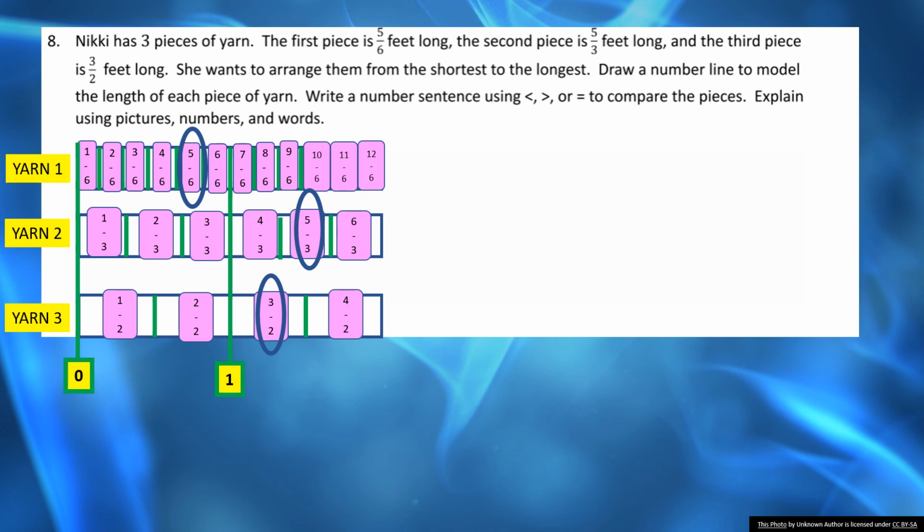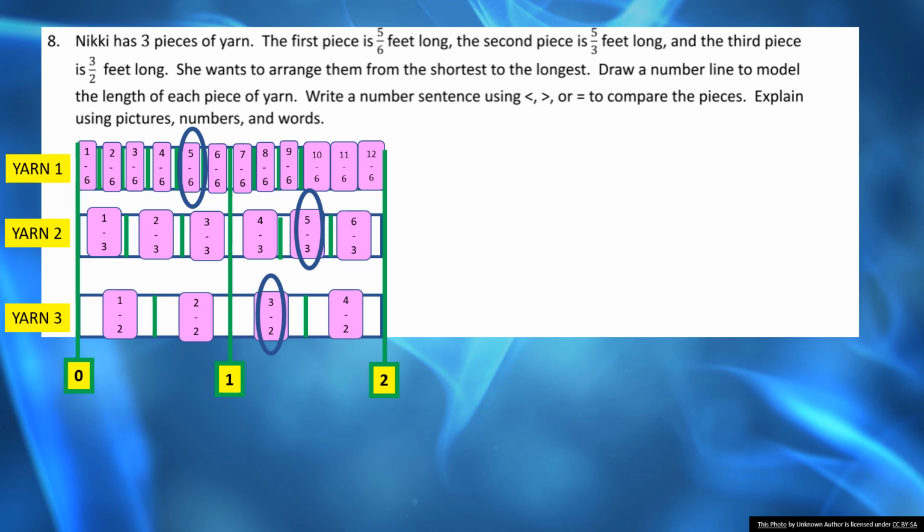And I'm going to write the number 1 and box it in. And at the very end of the models, I'm going to draw one more line straight down. And at the bottom of that line, I'm going to write the number 2 and box it in.